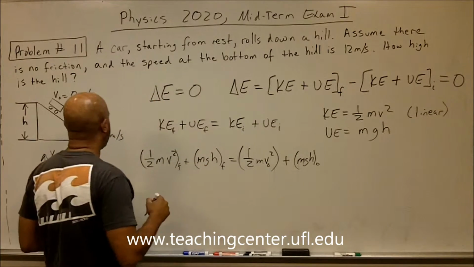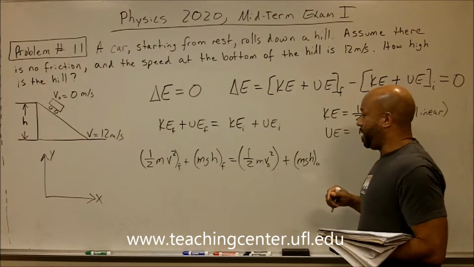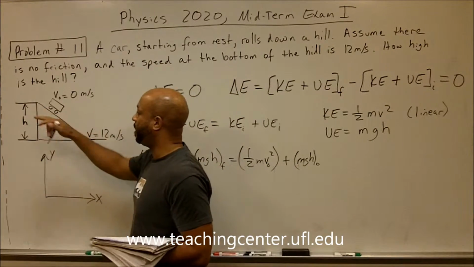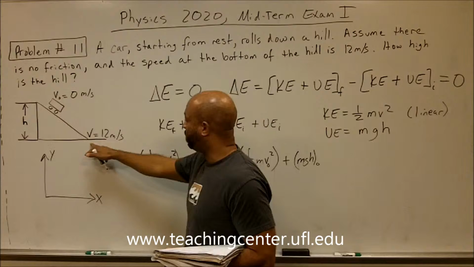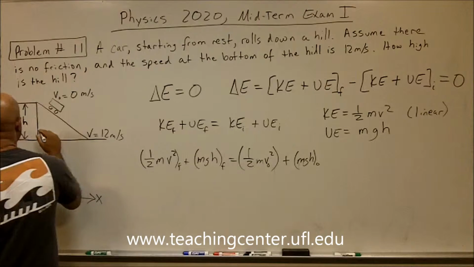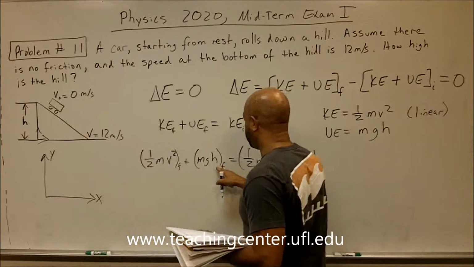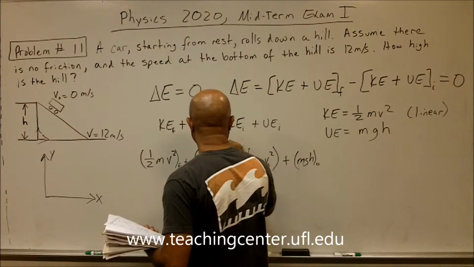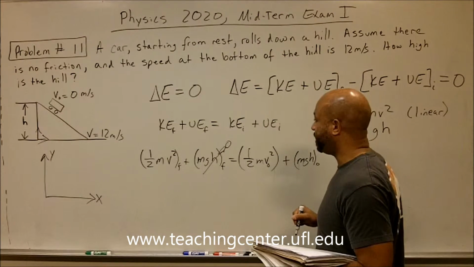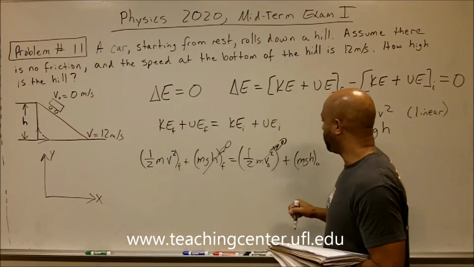And now we go to our problem statement and look at the information that was given. And we know initially that we have some given height, okay? But our final height, we know, is going to be 0 if we assume that the coordinate system is in this way. So our final height is 0, so that's going to make this whole term go to 0, all right? And we know that our initial velocity is also 0, okay? So that's going to make this whole term go to 0.